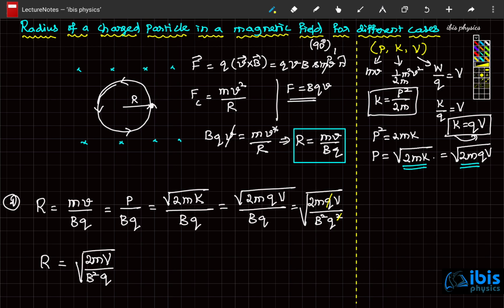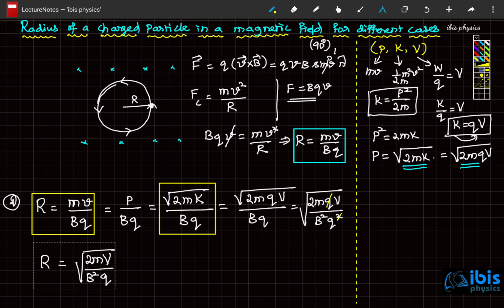So the important results here: one, r is equal to mv by Bq, or r is equal to root over 2mK by Bq. Here the kinetic energy is known and the charge is known, so you can use this.